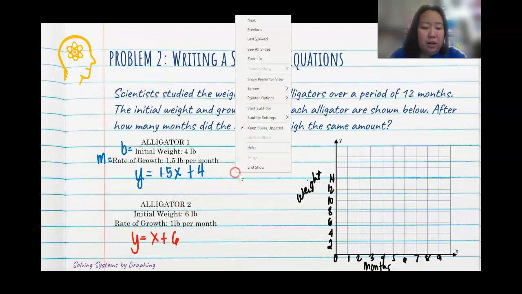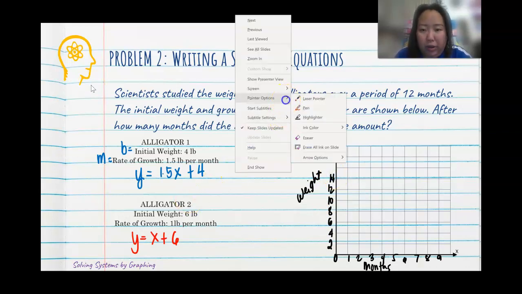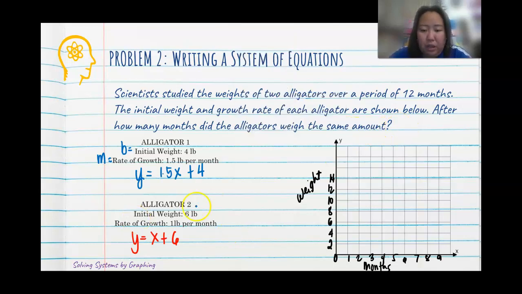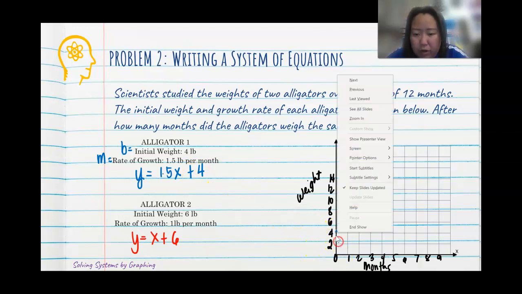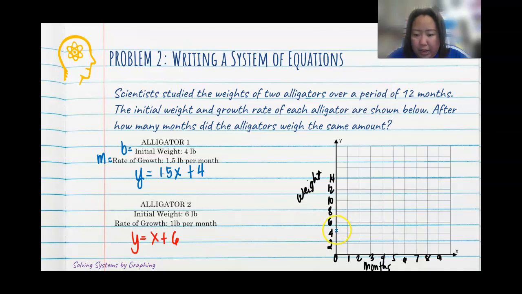Okay, so let's graph our blue equation. Our y-intercept is at 4, so we will have a point at 4. Then we move by 1.5.